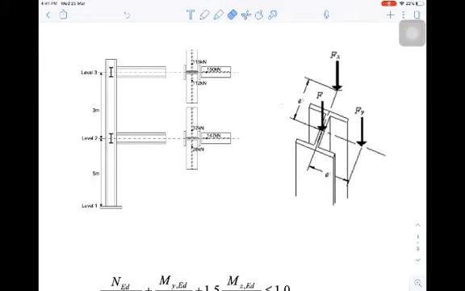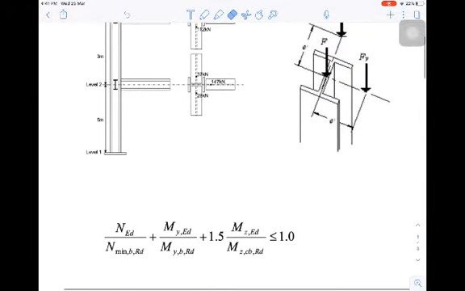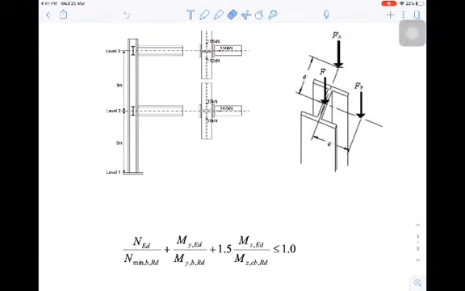What we have to do now, based on this value, is use the formula. Since this is a simplified method, we assume this is based on simple construction, so we have to comply with this formula.